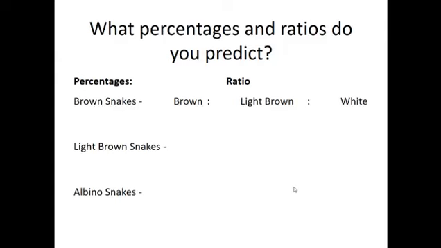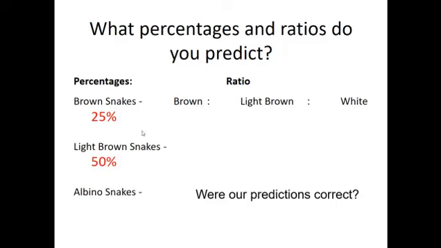And again, you can think about this. Well, all right, our brown snakes were the big B, big B. They made up one of those four, so that was 25%. Our light brown snakes, those are the big B, big W, we had two of those, two of the four. That's 50%. Our albino or our white snakes would be 25%, one of the four. Our ratio is a 1 to 2 to 1.